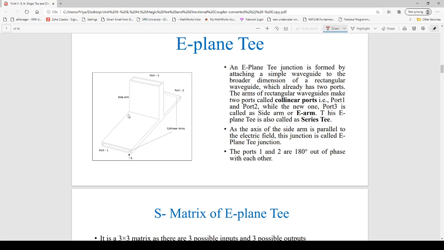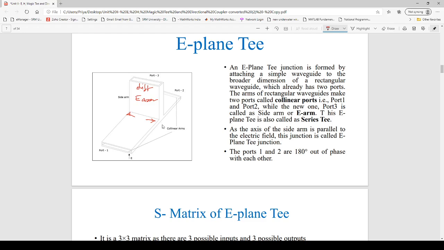See here, you are going to attach a waveguide to the broader dimension of the main arm or collinear port. So this 1 and 2 are called the collinear ports. If you attach a waveguide to the broader dimension, meaning this side, then it is called your E arm. E arm or side arm, we can call it either. This is even sometimes called a difference arm.